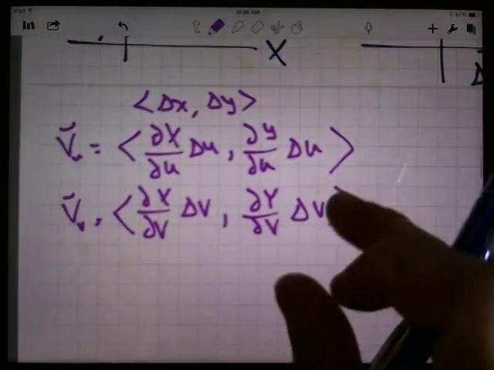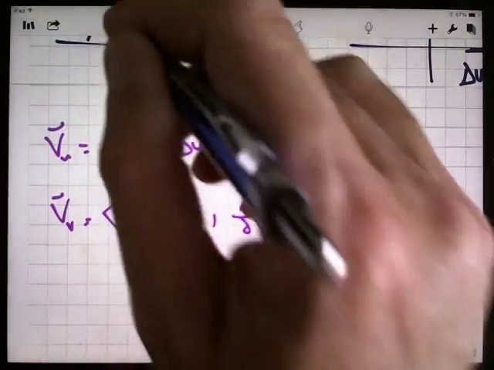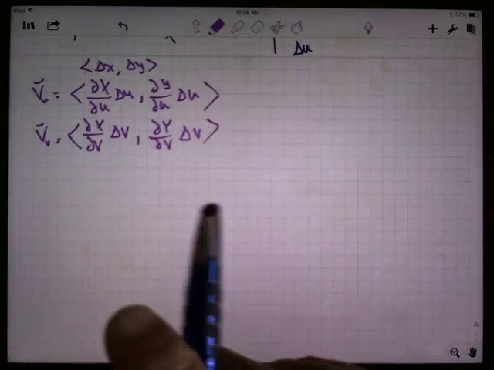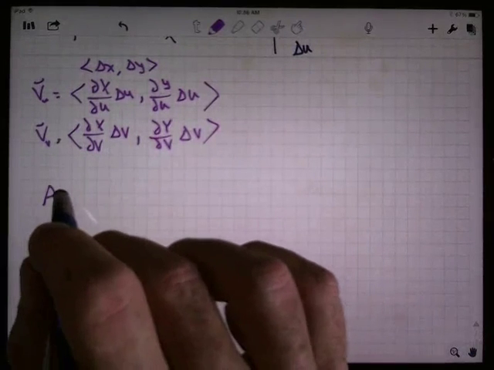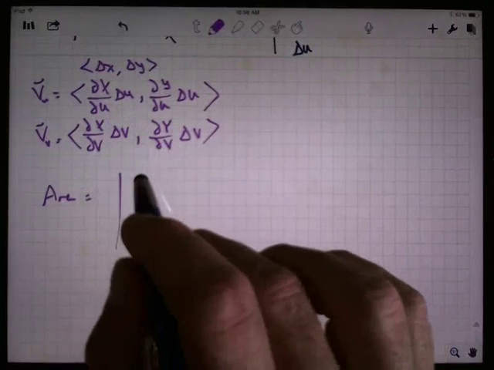But now that I have this, I need to find the area of that parallelogram. Well, from the last video, we saw that area is a determinant. So the area is the determinant of these two vectors.